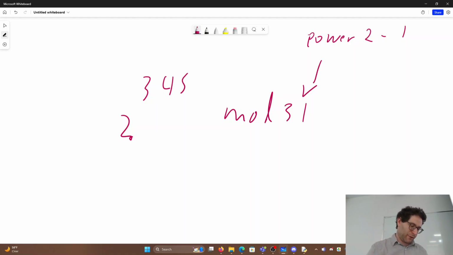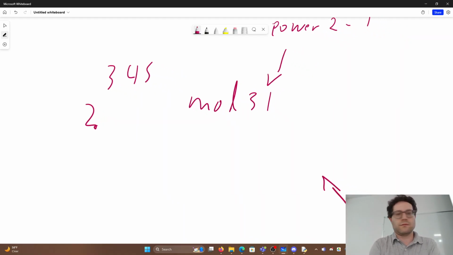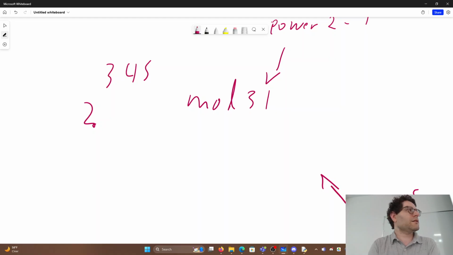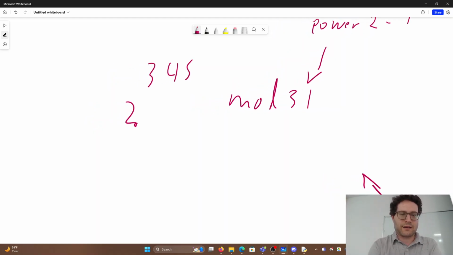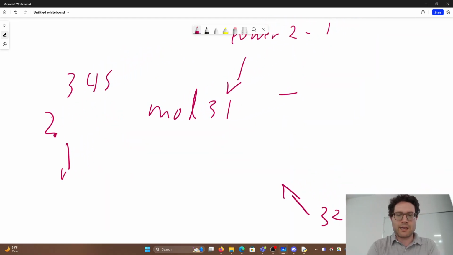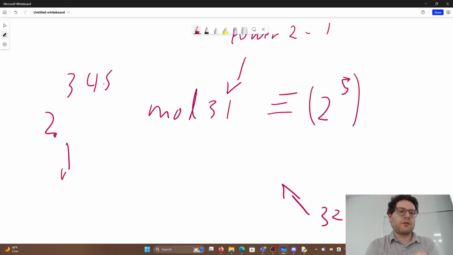So let's go ahead and just ask, what is 32? It is equal to 2 to the 5th, right? So we can rewrite this as 2 to the 5th power, and divide 345 by 5.